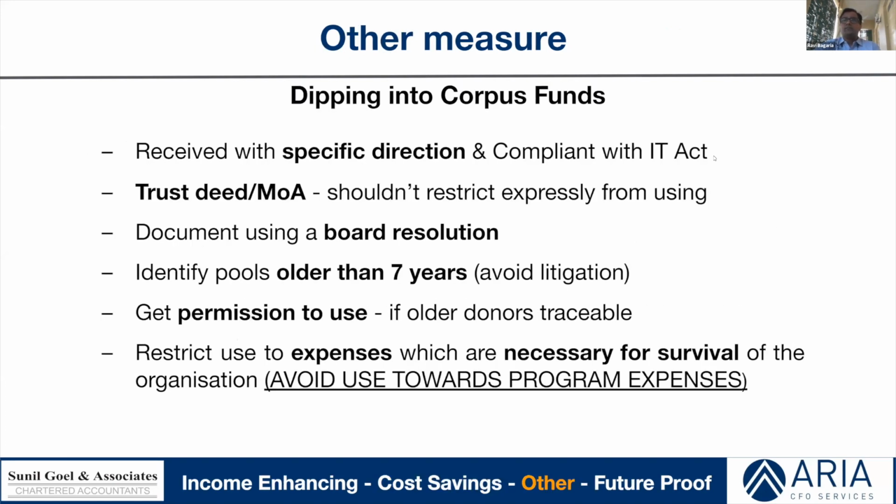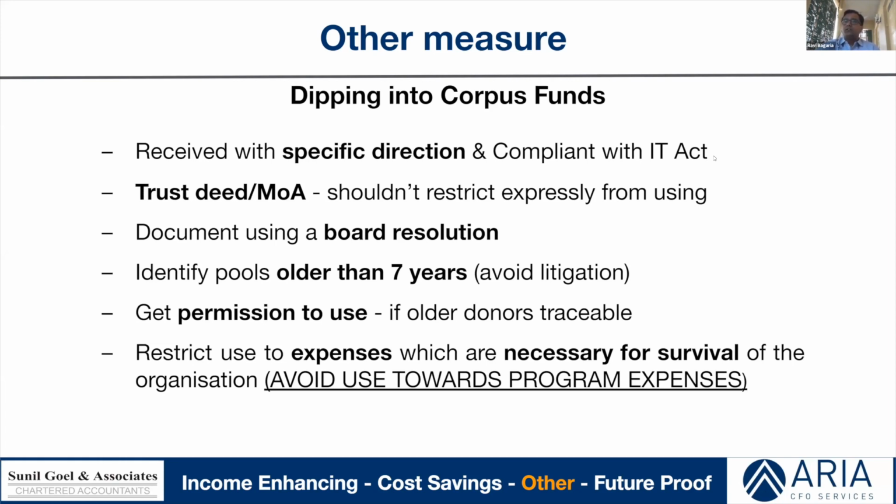One of the other measures, which is not related to income or cost savings but is something that not a lot of people can think of, is dipping into your corpus funds. If this corpus has been accepted with a specific direction, is in compliance with the IT Act, the next step for you to do is look at your trust deed and see if the trustees expressly restrict you from using this.